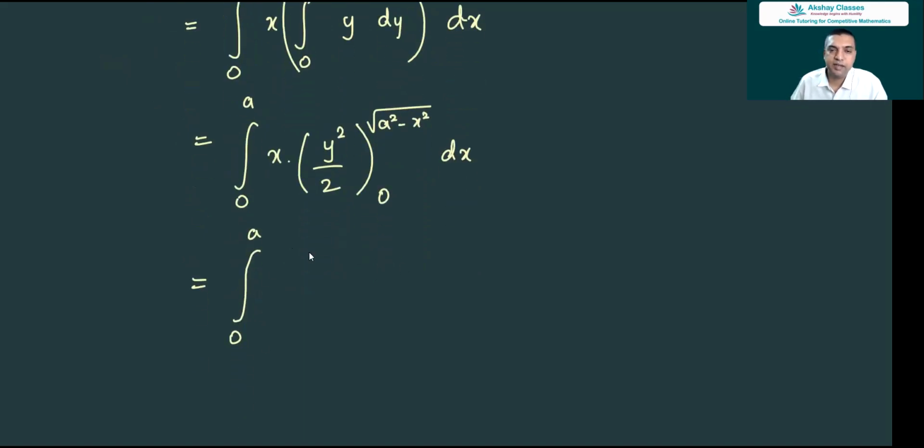Now, half times, we substitute under root of a square minus x square in place of y. This is y square, so the under root goes away. We get a square minus x square minus 0.